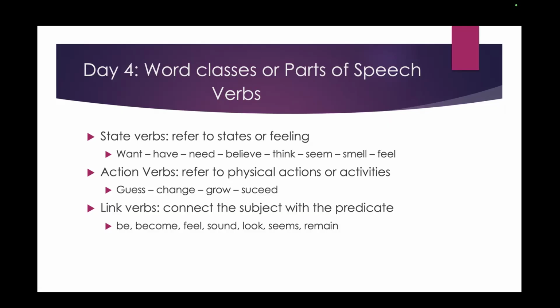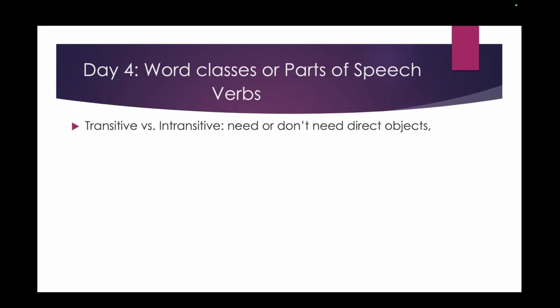So, for example, become, feel, seems, remain are examples of link verbs that function as connectors between two parts of the sentence. So these are the main functions of the verb: state verbs, action verbs, and link verbs.